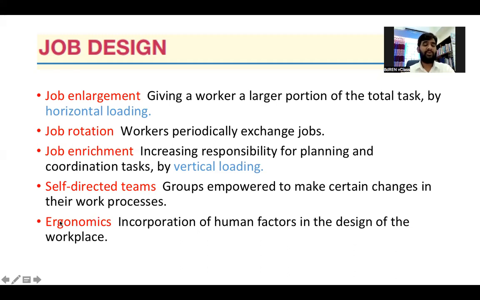And ergonomics: you know how your sitting position can be beneficial for more productivity. It is ergonomics, the incorporation of human factors in the design of the workplace. Your chair: is your chair fit for listening to lectures? How comfortable are you with the chair? Say for example, in garments manufacturing, in the apparel section, that means shirt and pant manufacturing, they have the opportunity to sit in a chair.